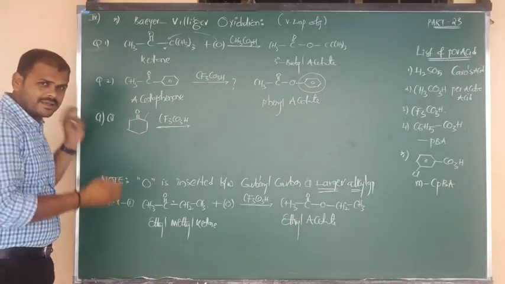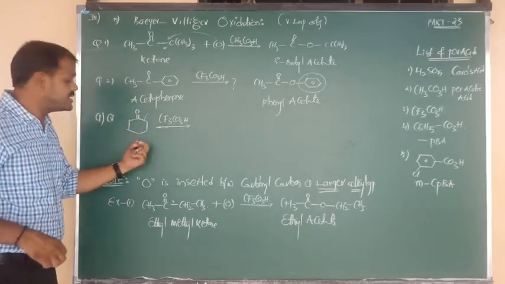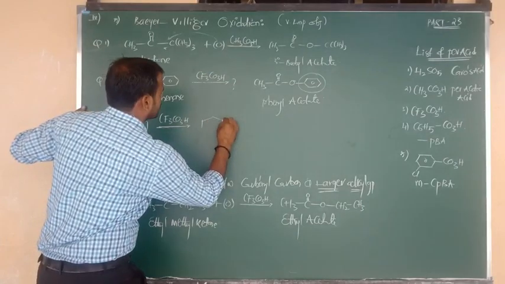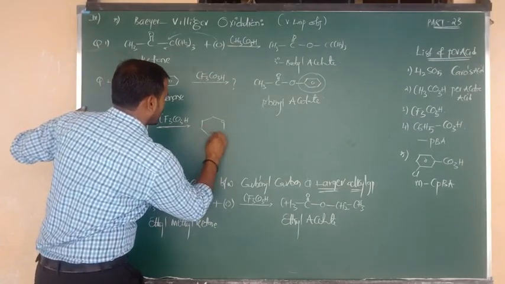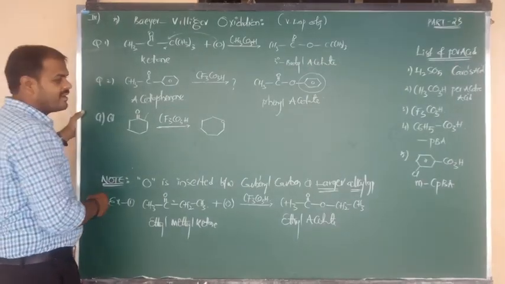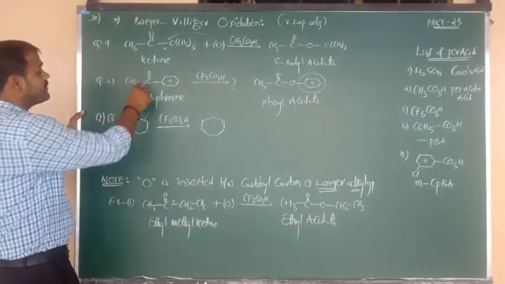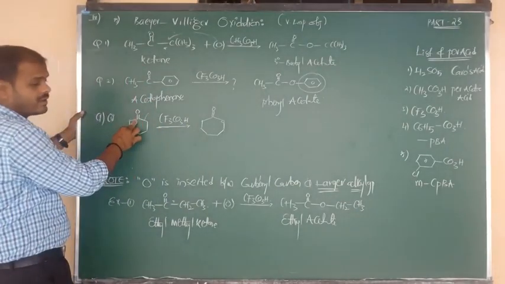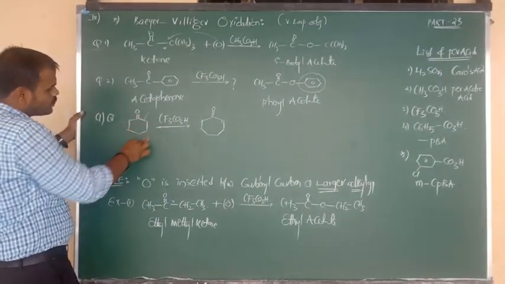After insertion of oxygen, the 6-membered ring becomes a 7-membered ring. Like this. The oxygen goes between the carbonyl carbon and the next carbon, which is the same chain.